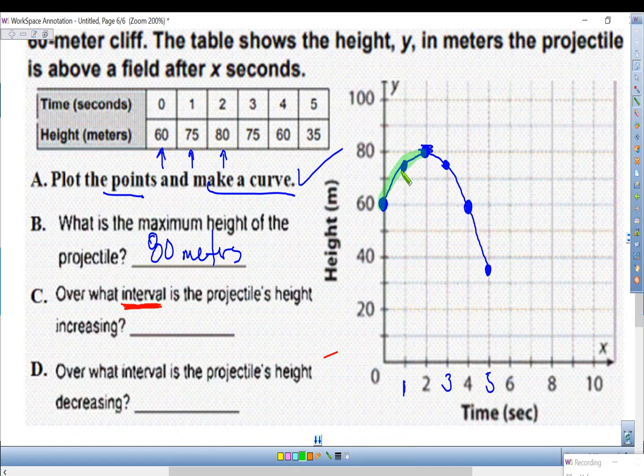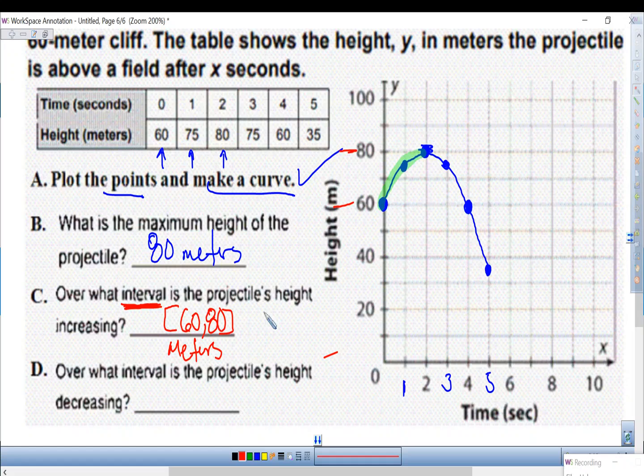To 80. This spot right there. So from 60 to 80 in height. How do we write that in interval notation? Bracket 60, comma, 80, bracket. And that is in meters.